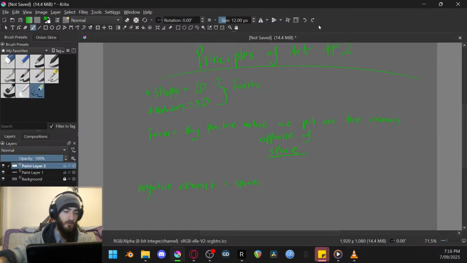Wait, so negative element is space, and then you got positive element? Equals form. So from what I've understood of what he said, the form is essentially the dots and lines that we've been using so far, and space is the area around it.